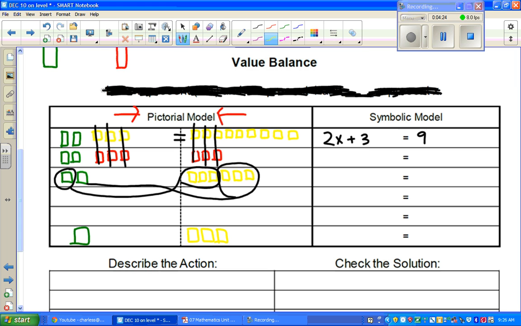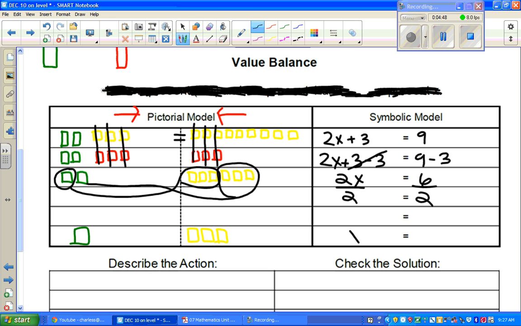Now we're going to look at the symbolic model. So we're going to do the same thing. We're going to subtract 3 from both sides. And we get 2x on the left and 6 on the right. So now we need to divide both sides by 2 because we need 1x, not 2.